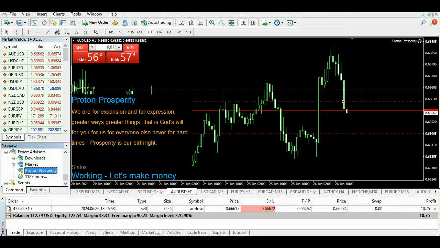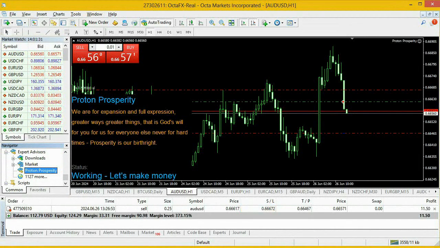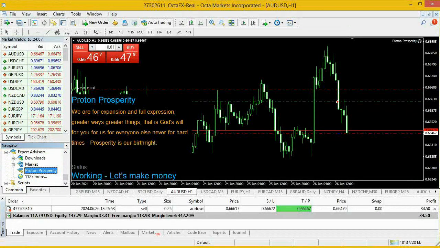This is where we are. 35 minutes into the trade. Almost 3 hours into the trade.